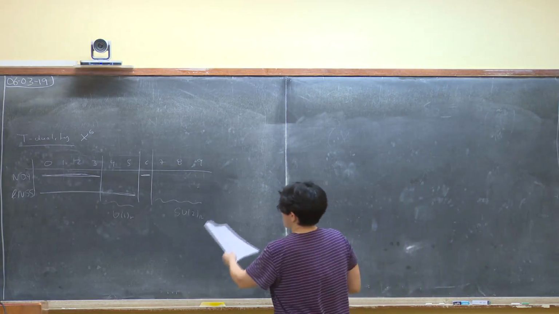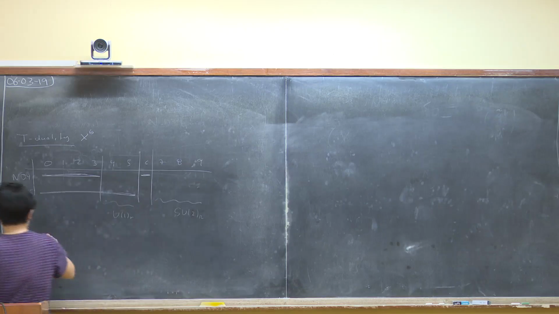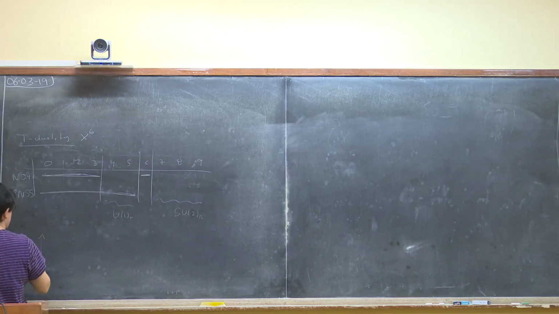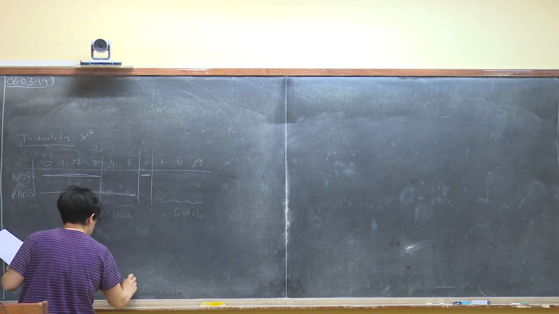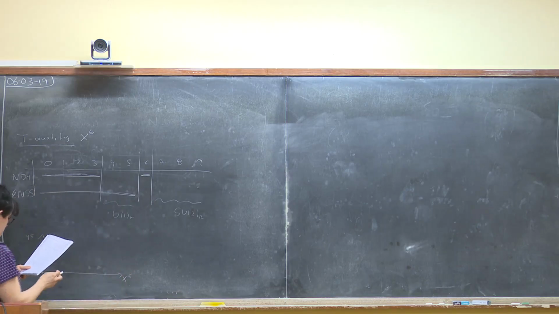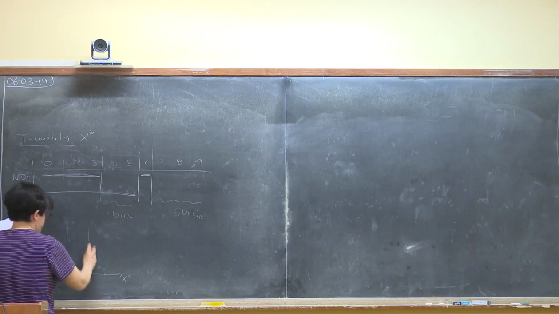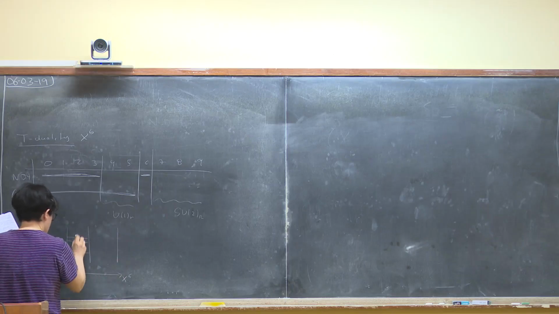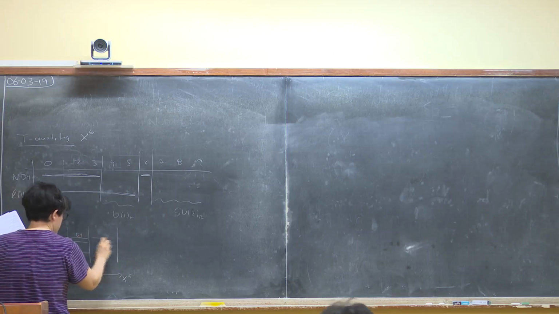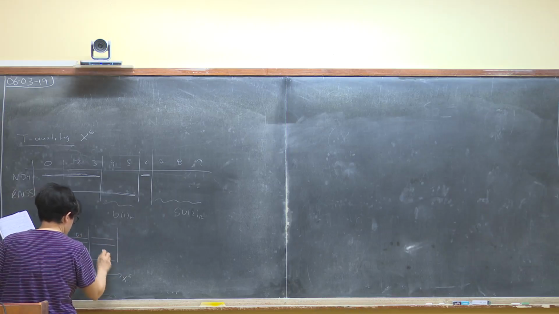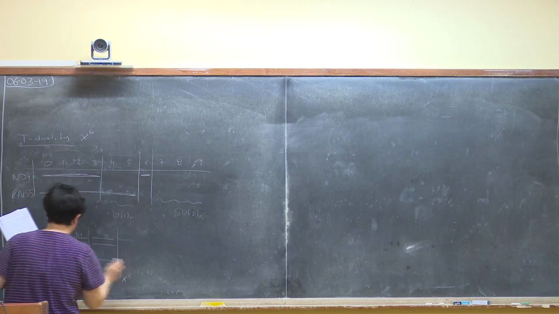So this thing, let's draw it in this way. So these are the D4s and so on.